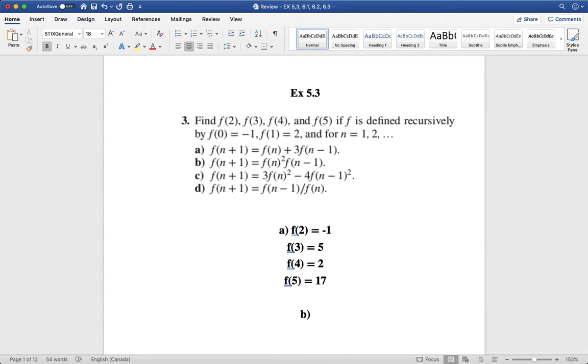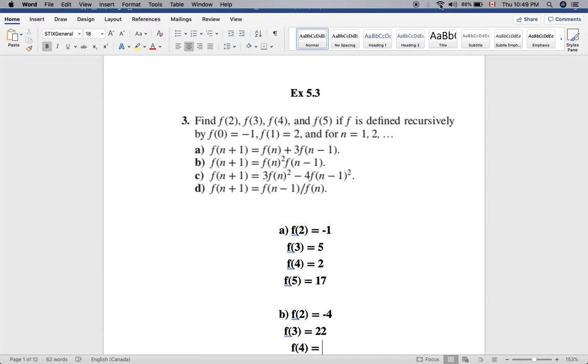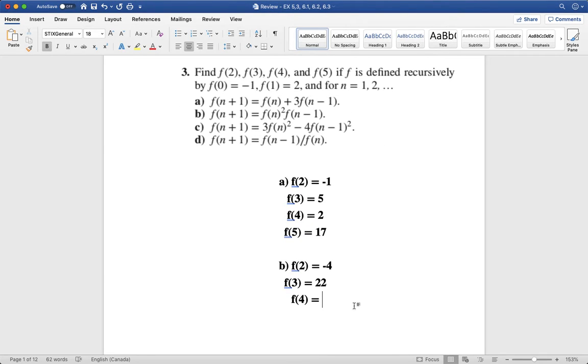Part B, we have f2 equals -4, then we have f3 equals √2, we have f4 equals -4096, and f5 is a pretty big value, so you'll definitely need a calculator for that.